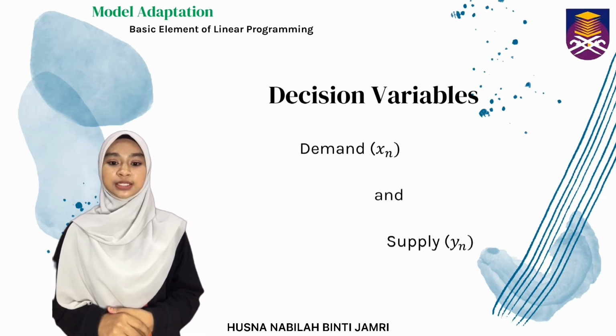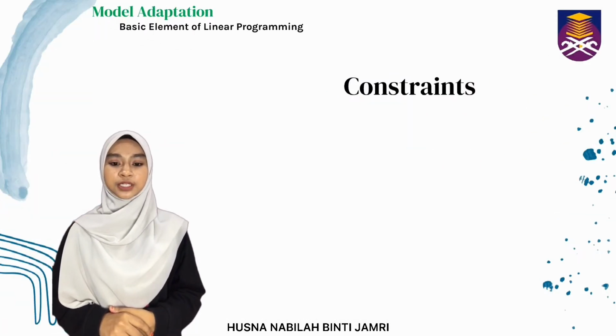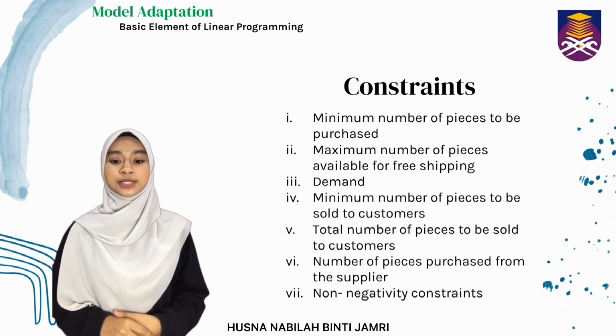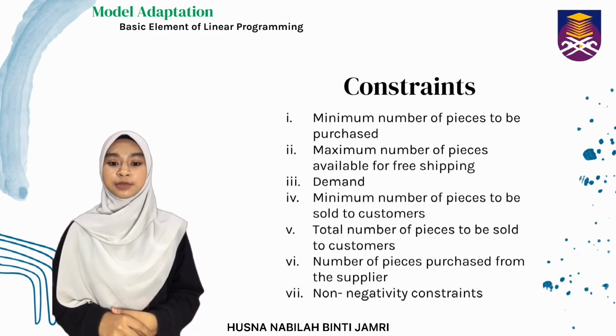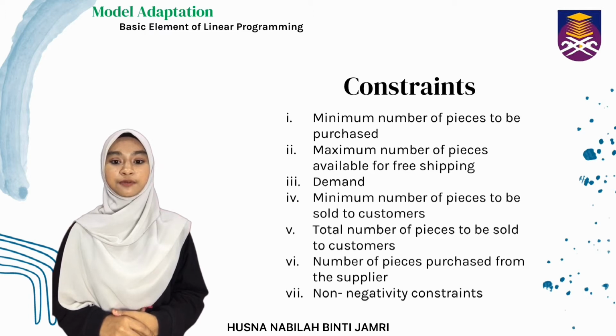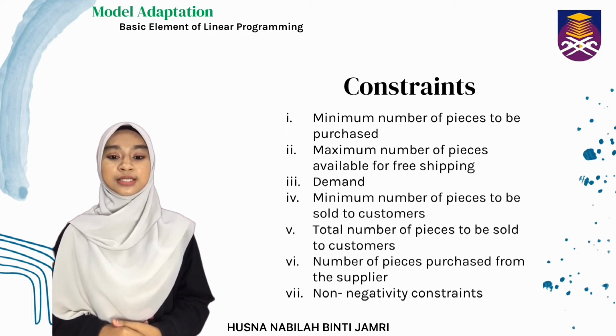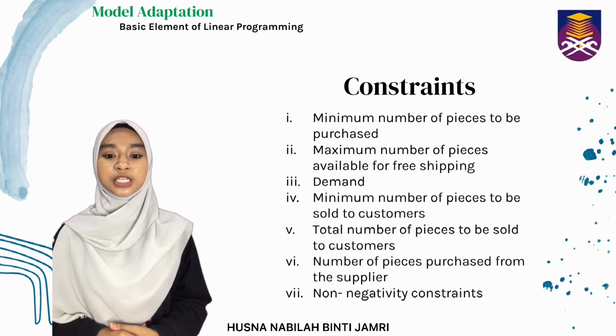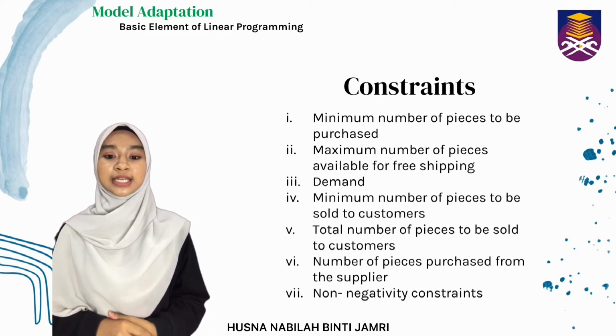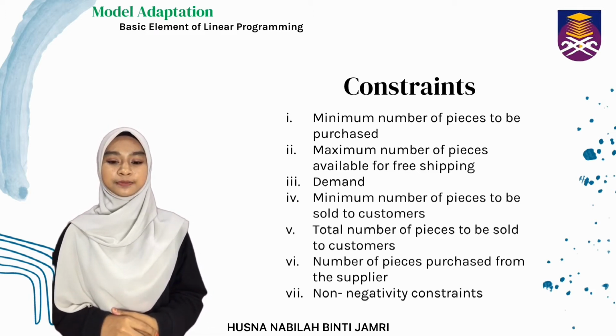Then, we constructed the constraints consisting of the minimum number of pieces to be purchased, maximum number of pieces available for free shipping, demand, minimum number of pieces to be sold to customers, total number of pieces to be sold to customers, number of pieces purchased from the supplier, and the non-negativity constraints.